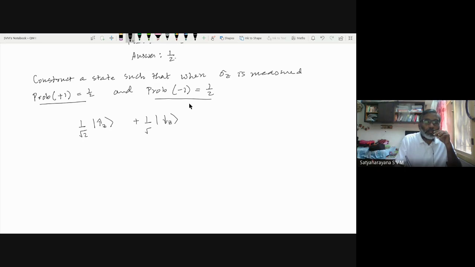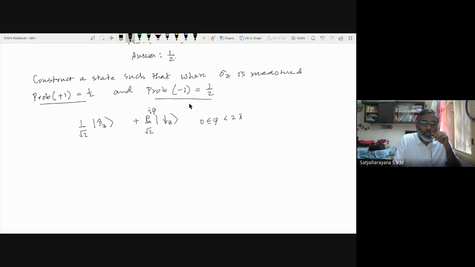But there are infinitely many states, because I could always have multiplied this with some phase, e to the power i phi, with phi greater than or equal to 0 and less than 2 pi.